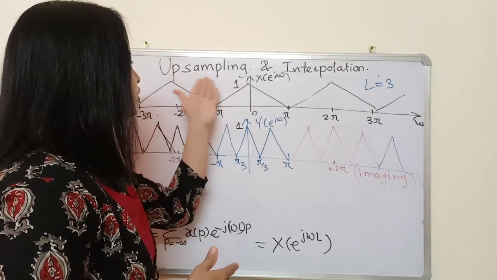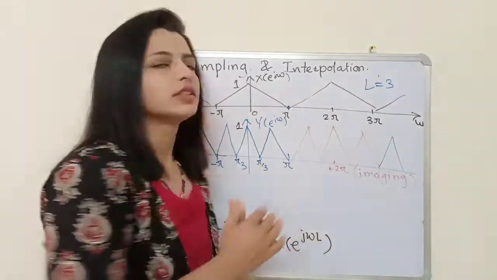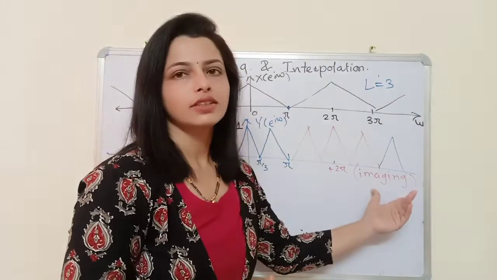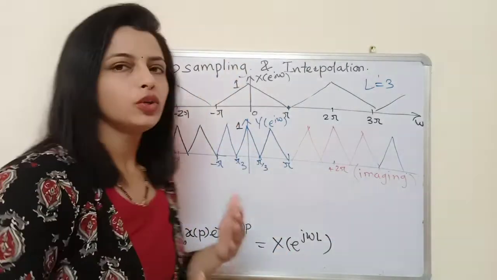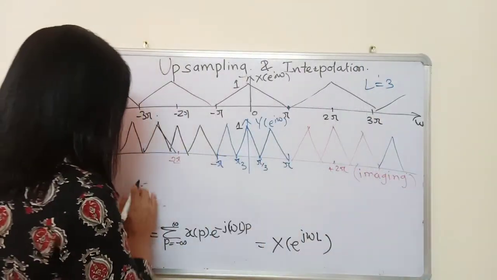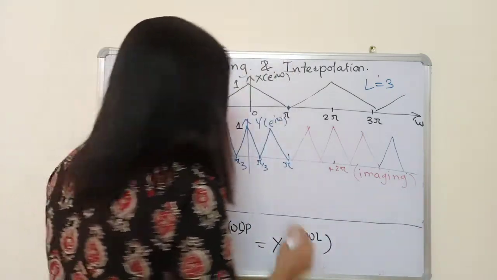But in the case of upsampling, we are observing a lot of images. So the imaging problem happens with upsampling. We don't want this kind of images. So what we can do is low pass filter the extra images.